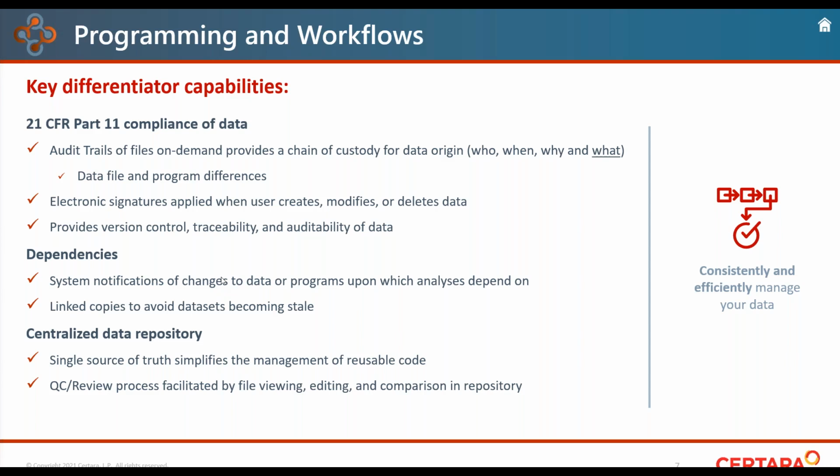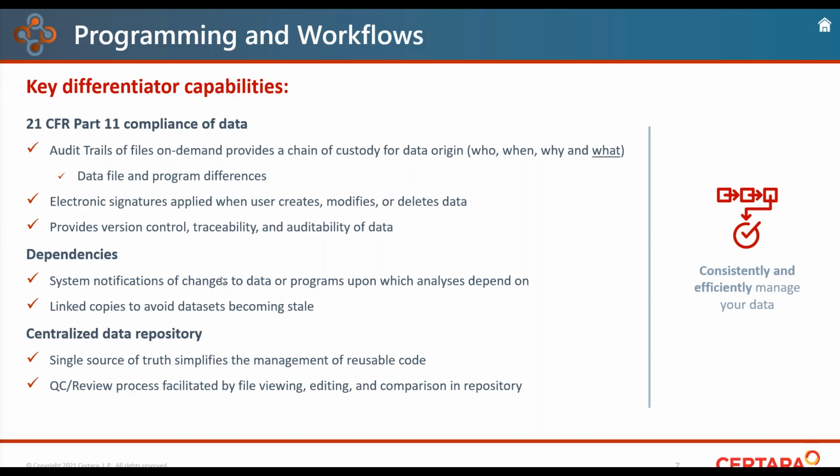And the same thing goes for creating copied files and creating links for those copied files. So if there's a source for that linked copy and it gets updated, you can also update the copy that was created from that original file. And we also have a centralized data repository. So we have a single source of truth that simplifies the management of the reusable code within Integral.